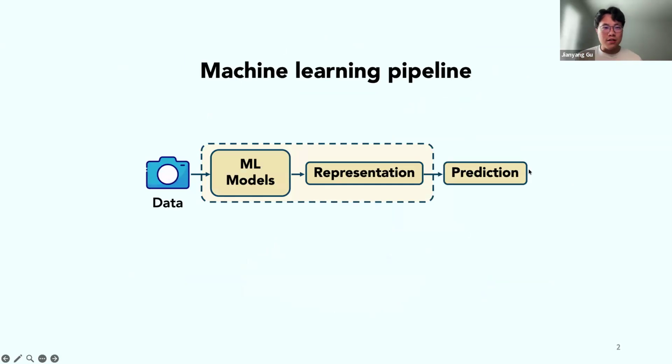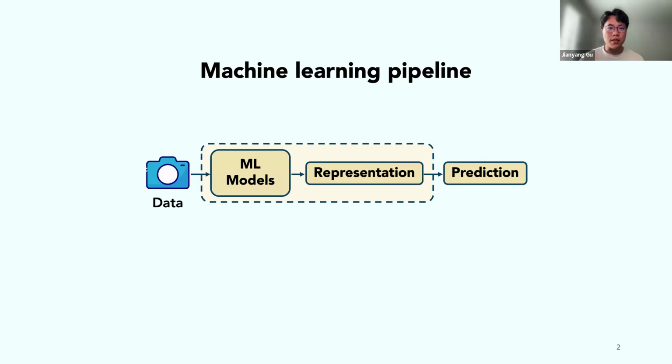And the effectiveness of AI models is largely built upon this machine learning pipeline, where data, we can treat it as, for example, images, are fed into the machine learning models to get representations, and then the model is going to produce predictions.